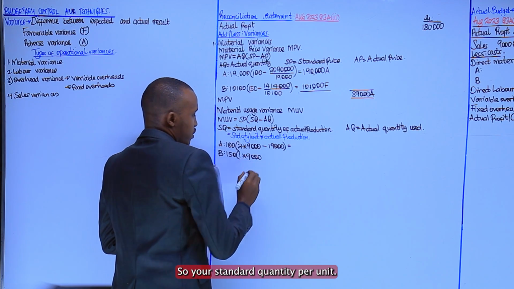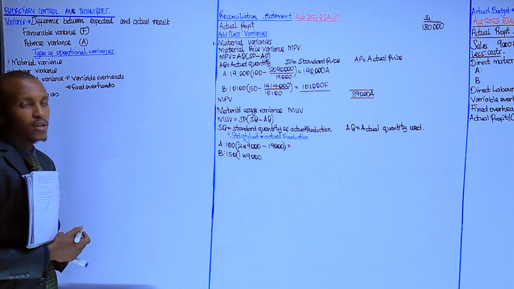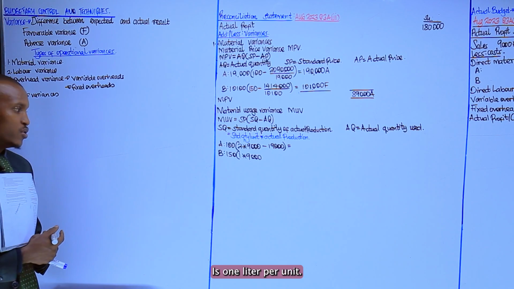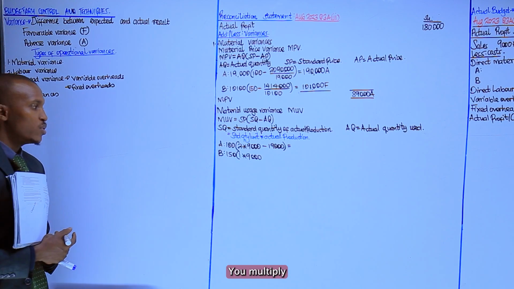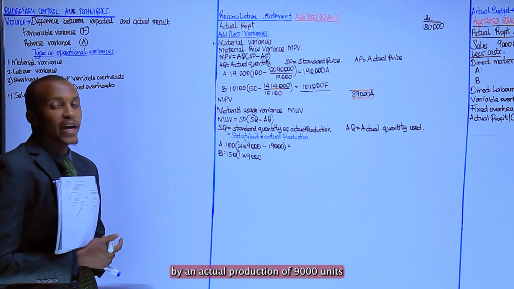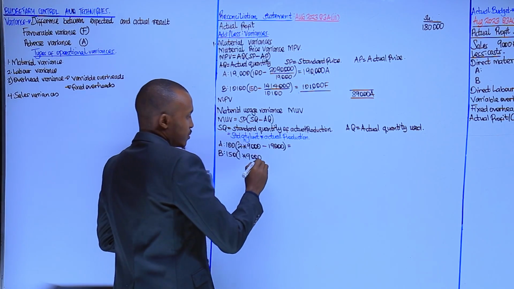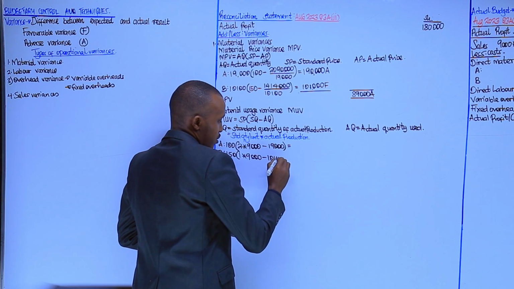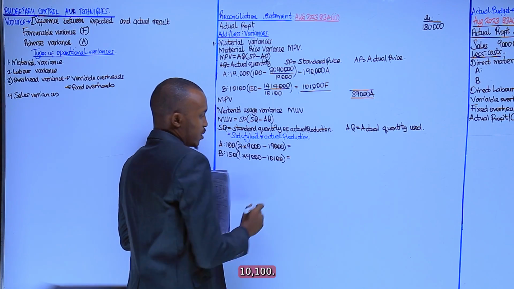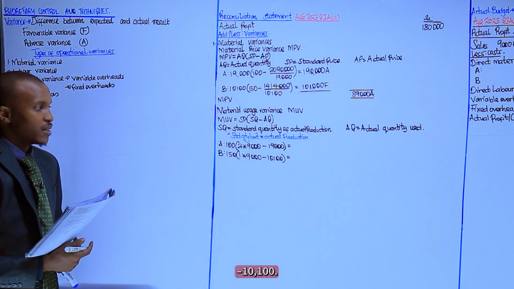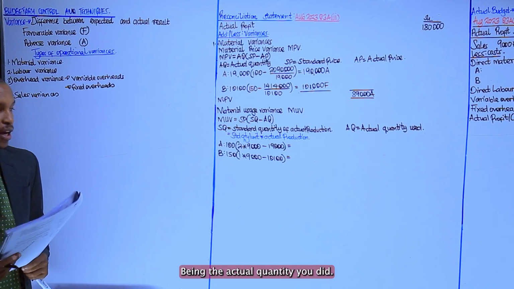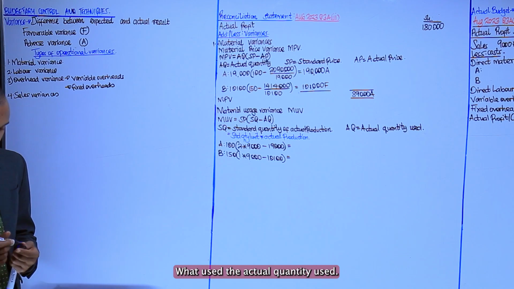So your standard quantity per unit is 1 liter per unit. You multiply by an actual production of 9,000 units, minus 10,100, being the actual quantity you used.